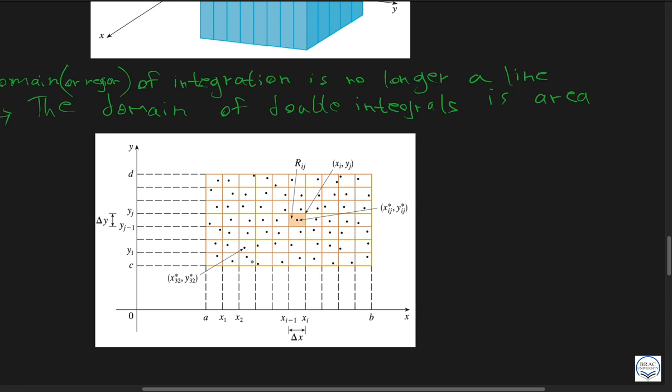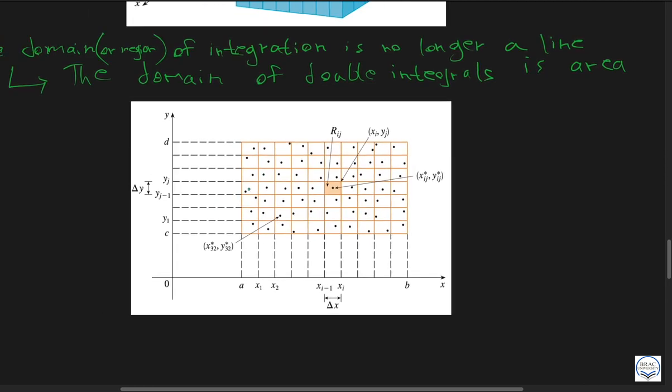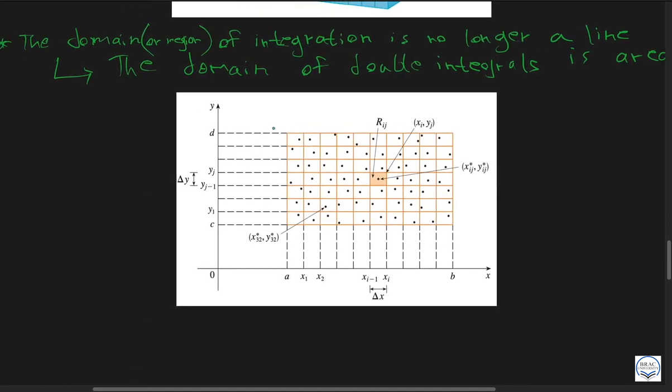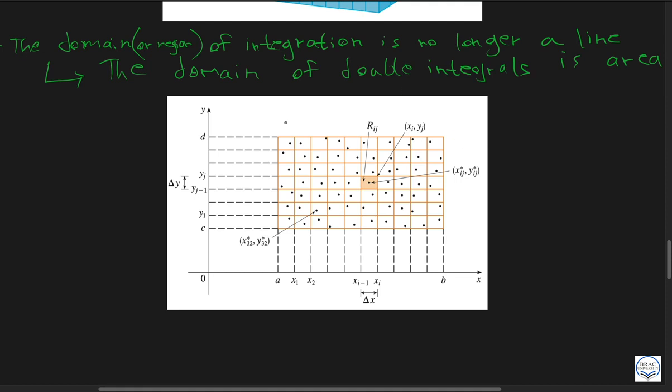In each of these rectangular regions, we will take only one point and evaluate the value of the function at that point. Now I prefer taking it in the middle. Then the approximate volume is slightly more accurate than taking it randomly or even at the ends in general.